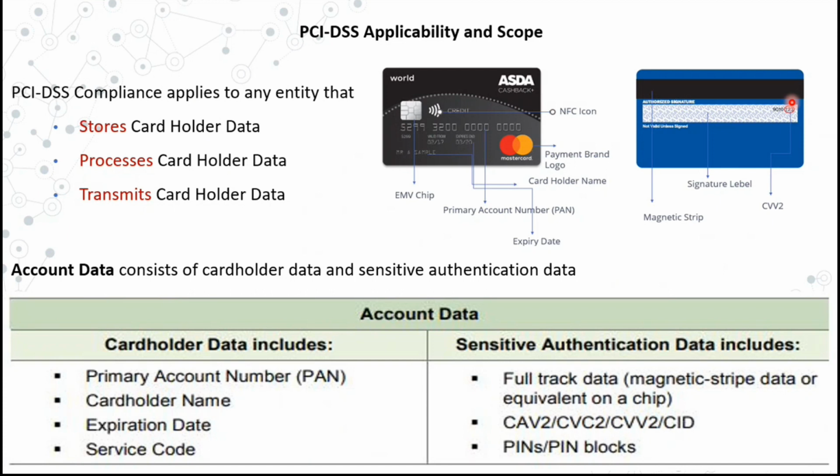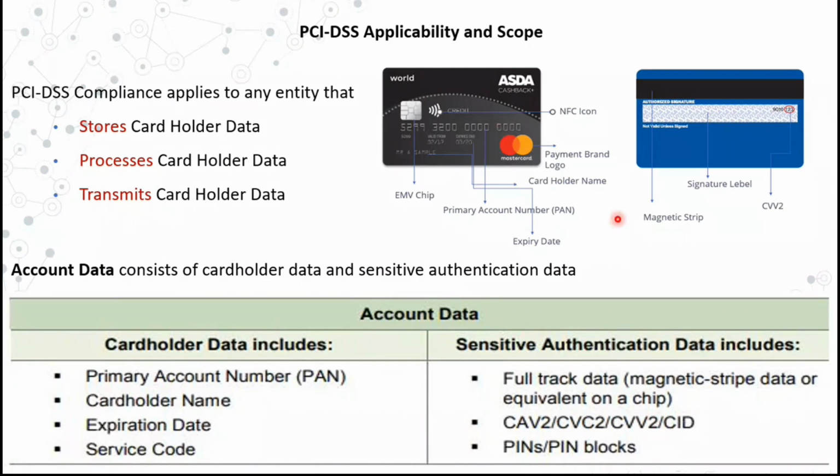And this 3 digit in Master, Visa, and other cards, we call it CVV2. And in Amex, it will be on the front of the card, which is 4 digit, also called CVV2. This is the signature label where you make your signature.